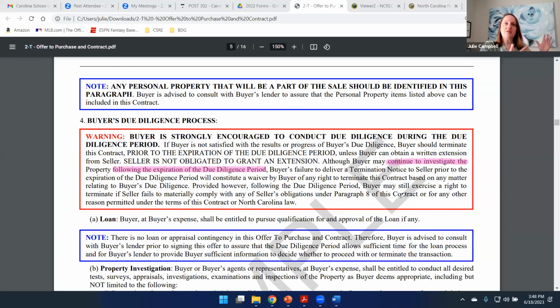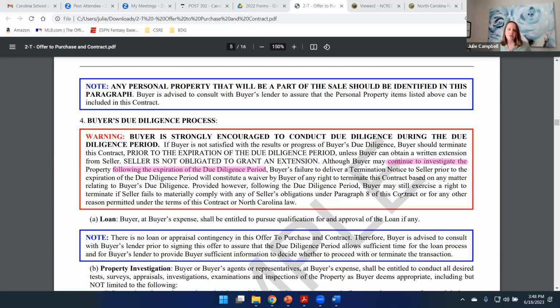So due diligence does not lose that right to learn about the property. What the buyer loses at the end of due diligence is the right to terminate for any reason or no reason. They should be, and usually are, still continuing to learn things up until settlement. They've just lost that right to terminate.